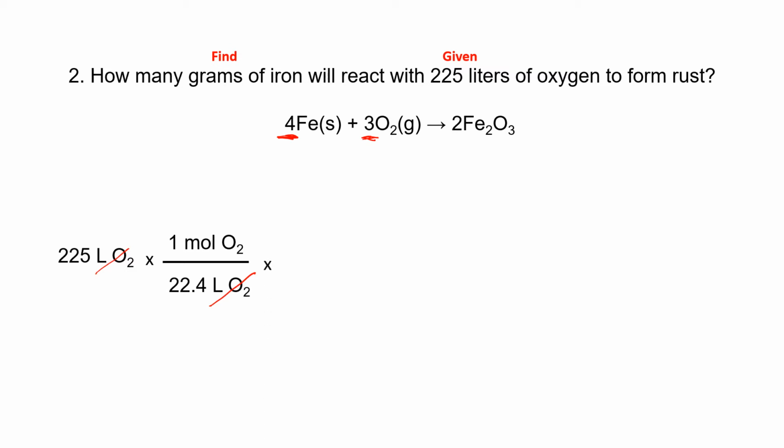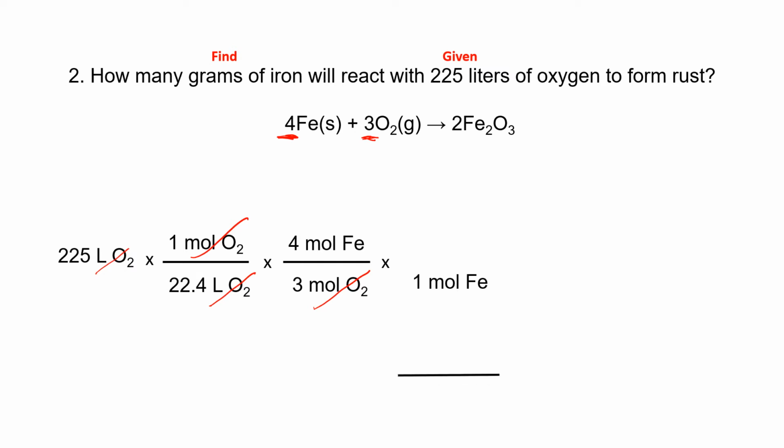So when we plug it into the problem, we're going to have 3 moles of oxygen gas for every 4 moles of iron. Moles of oxygen gas cancel, and now we're at moles of iron. We ultimately want to get to grams of iron.